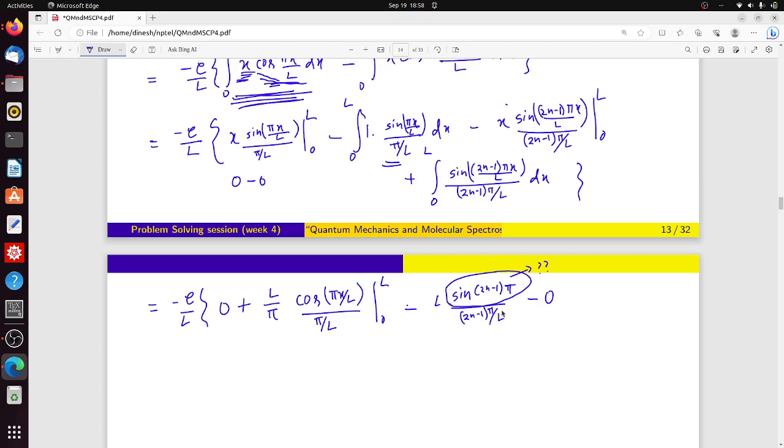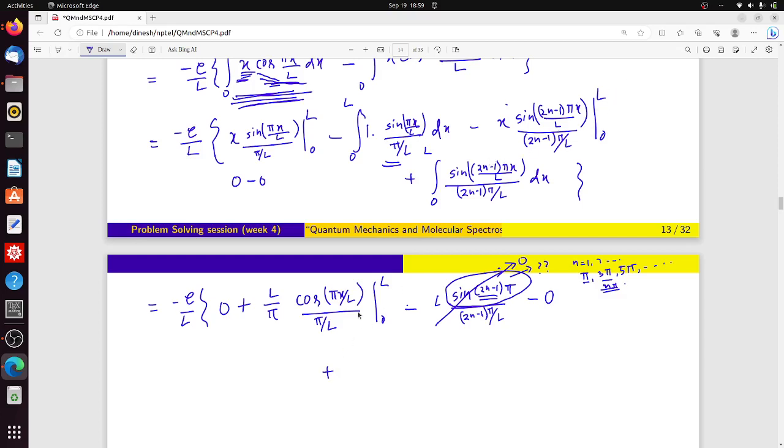So sine pi means it will be 0. Right. So there is 2n minus 1. So if you put n equal to 1, 2, 3, then what you will get? You will get sine pi, 3 pi, 5 pi, the odd multiples of pi. Okay, so whatever it is, sine of some n pi is always 0, right. So this function will give me 0. Okay, this term goes to 0.